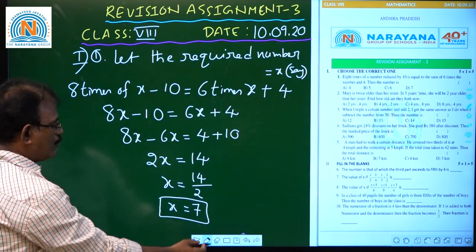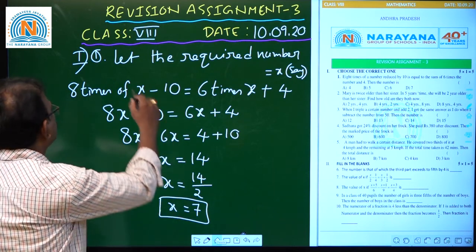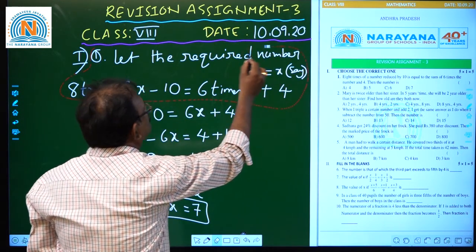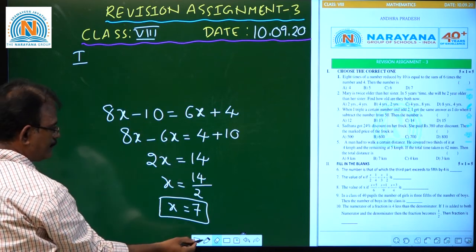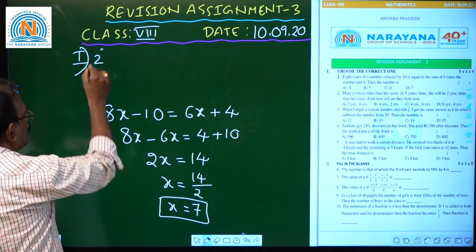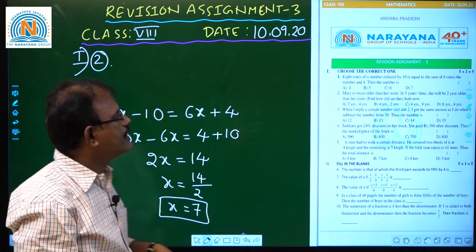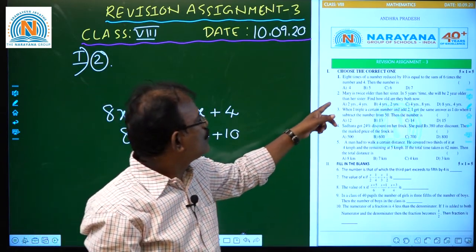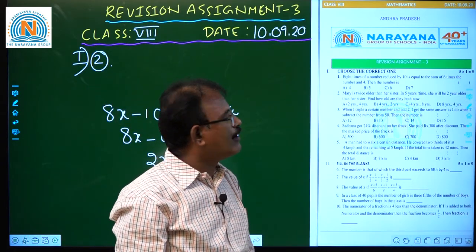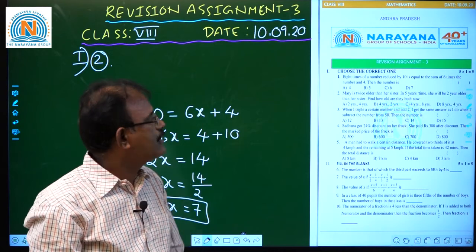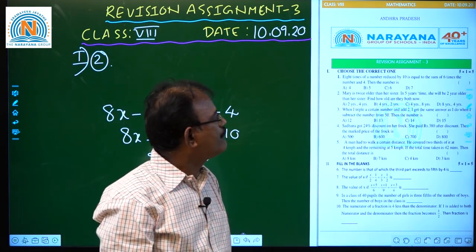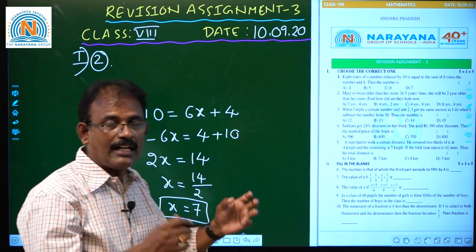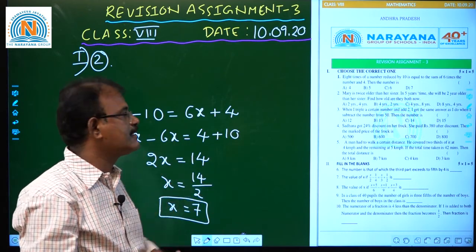So come back to the next question, children. The second question is related to problems on ages. Mary is twice as old as her sister. In 5 years' time... First of all, what is the relation between the present ages?